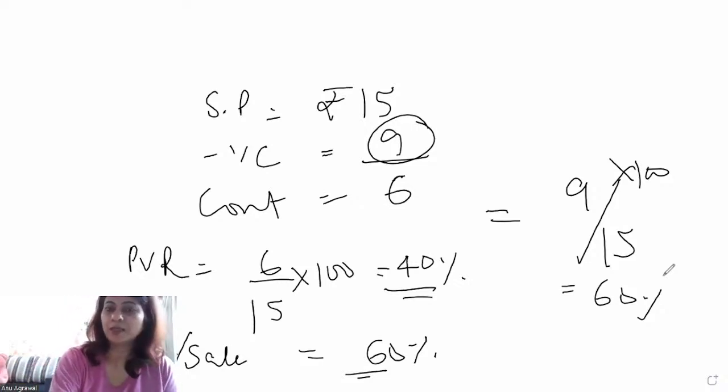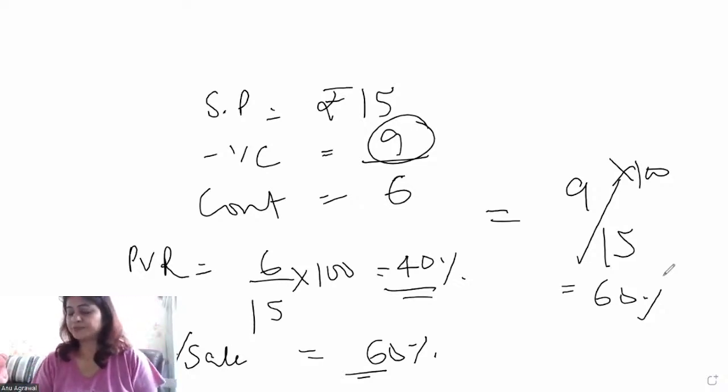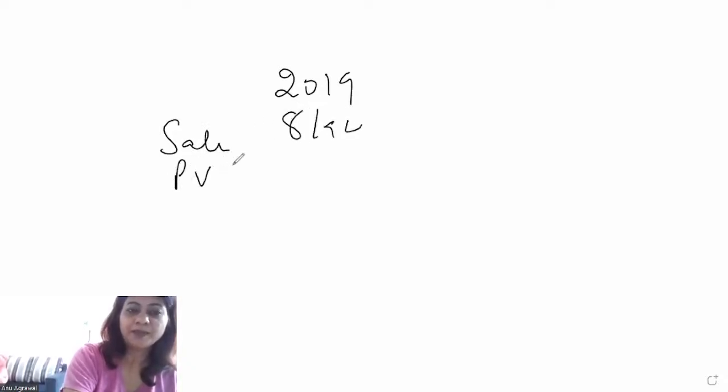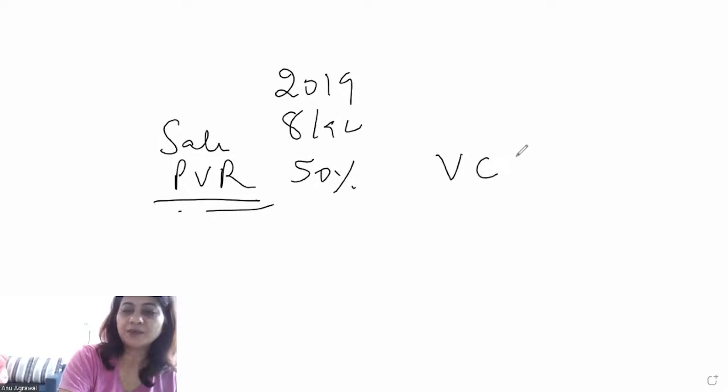So in the sum given here, in 2019, they have given me sales is 8 lakhs. They give me PVR is 50%. So if PVR is 50%, obviously VC, variable cost to sales ratio will be how much? 50%. Now do you understand the logic?